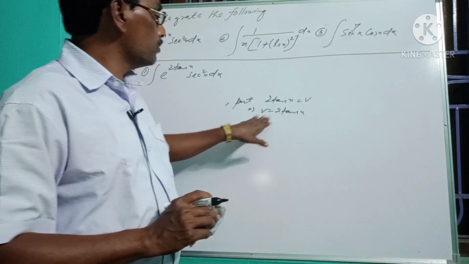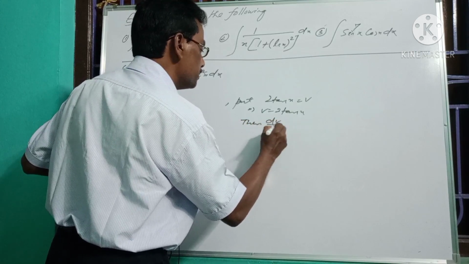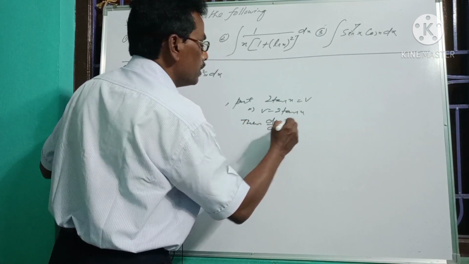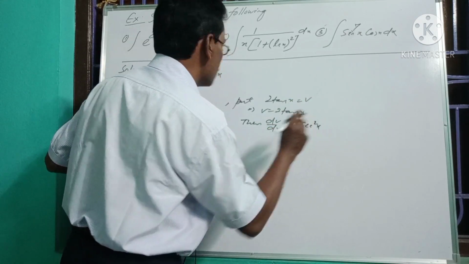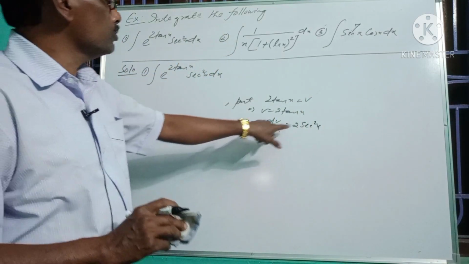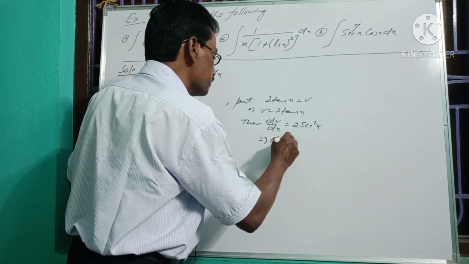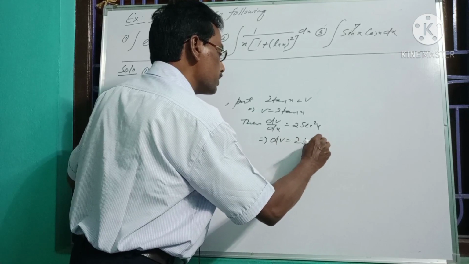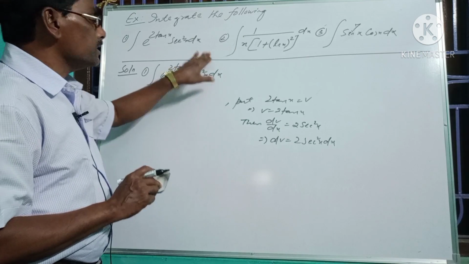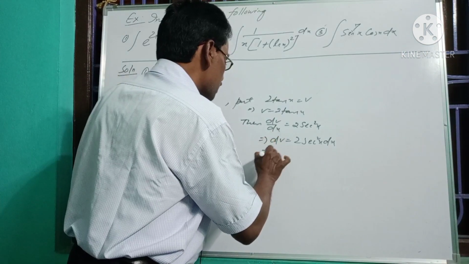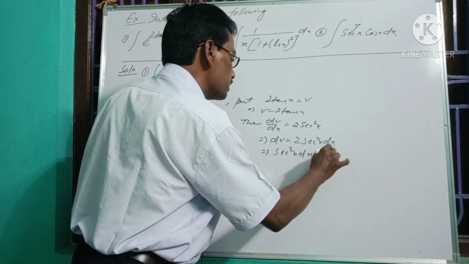So differentiating v with respect to x, it will give us dv by dx is equal to 2 into, and the derivative of tan x is sec square x. So we got dv by dx is equal to 2 into sec square x. Simplifying, it will give us dv is equal to 2 into sec square x dx, but the integrand contains the factor sec square x dx. So solving again for sec square x into dx, it will give us dv by 2.